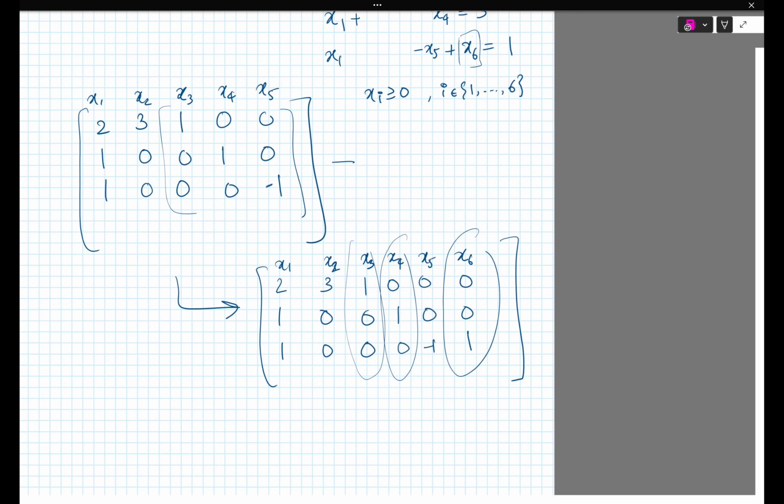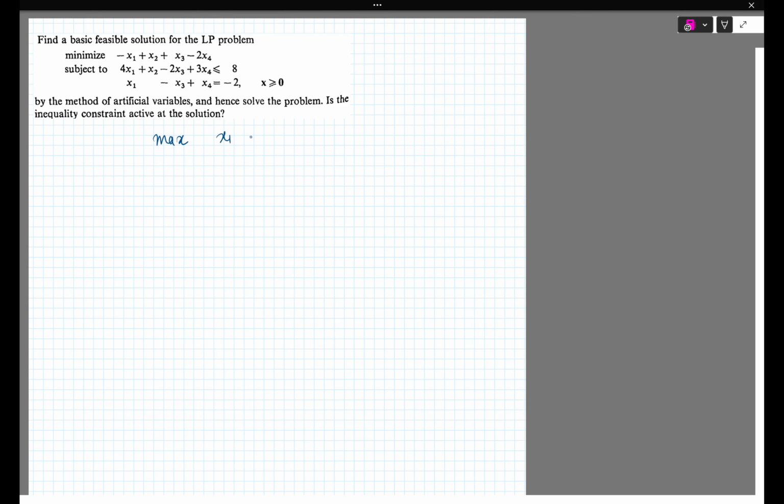This has to be changed first into a maximization problem, then we can solve it. This is minus, previously x1 minus x2 minus x3 plus 2x4 plus x5 plus x6.